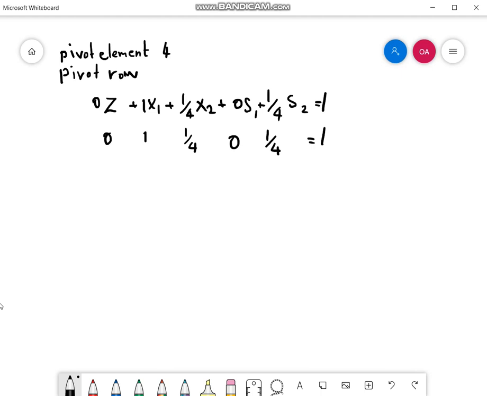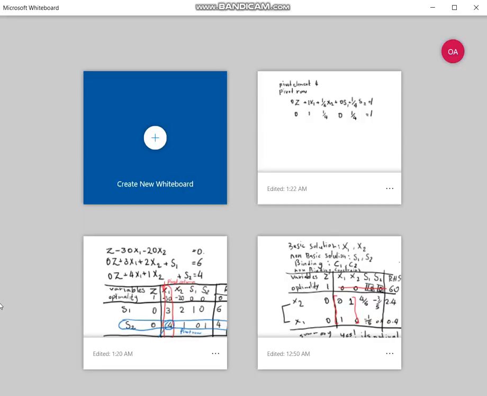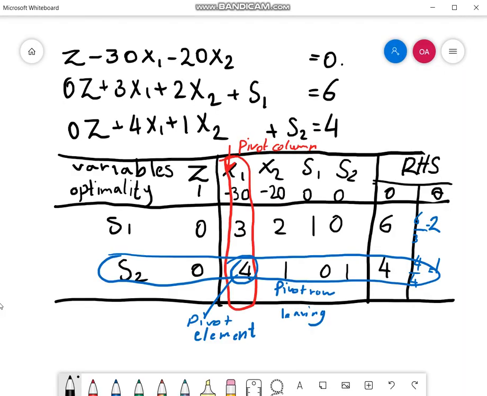Then I'm gonna check my other rows because I'm gonna change them. I will also check my optimality condition, but the only way to change them is through my pivot row. Even if these two equations seem more convenient to subtract from each other, I couldn't do it.